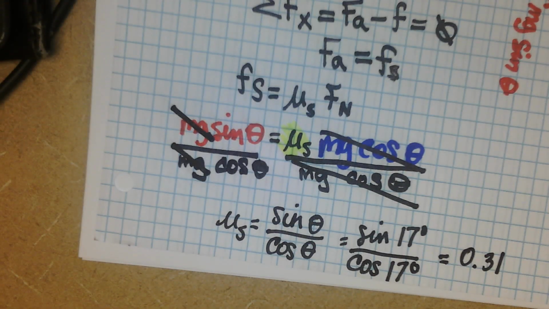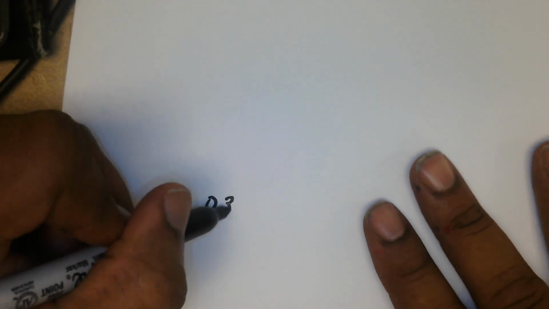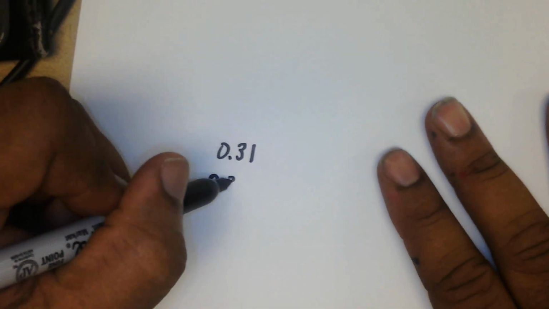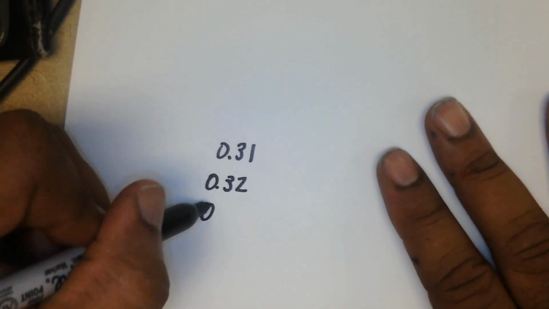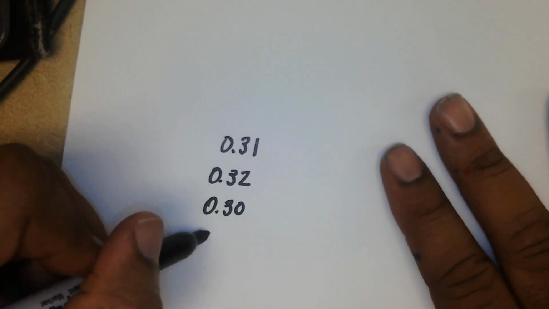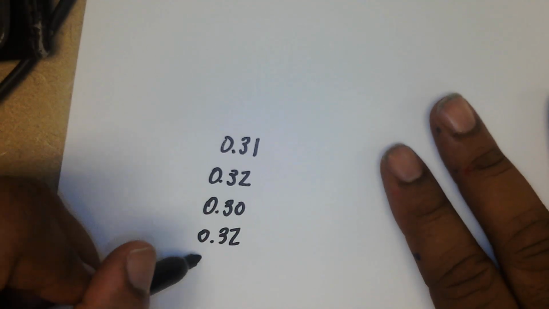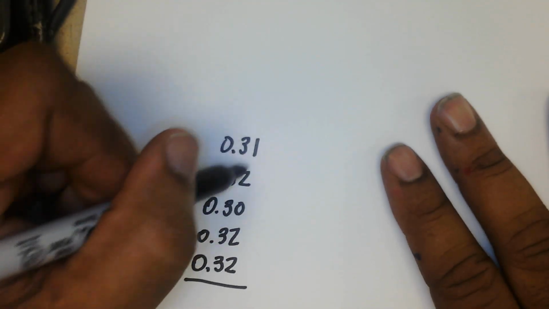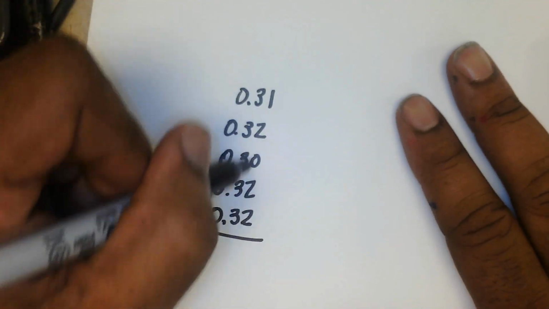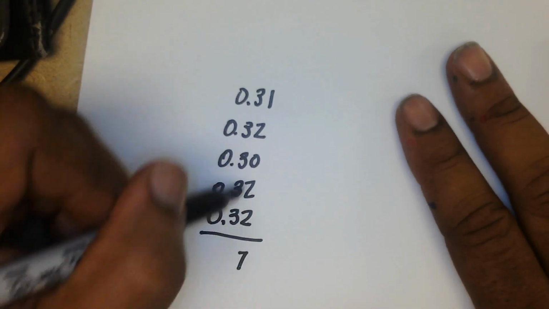Remember, standard deviation is when we take, let's say, 0.31, 0.32, 0.30, 0.32, 0.32. Take them up, average them.